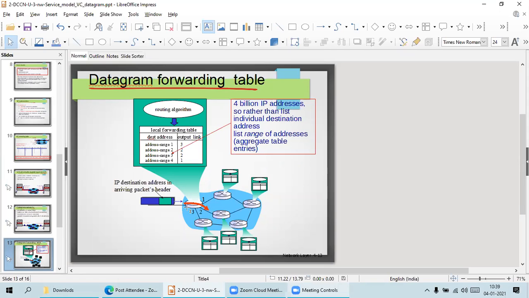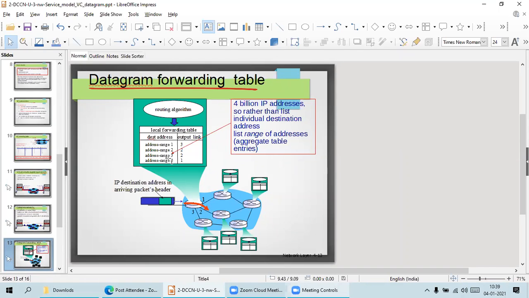Other than the inlink, I have three outlinks: 1, 2, 3. With the help of my local forwarding table, I am going to forward that data packet to the destination.